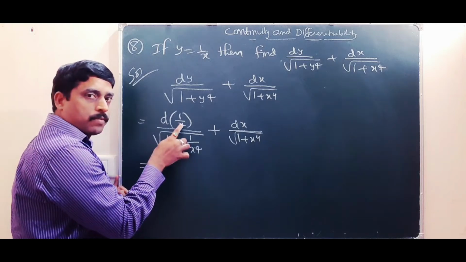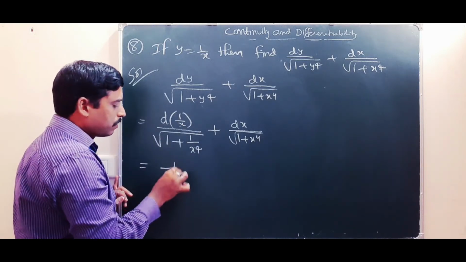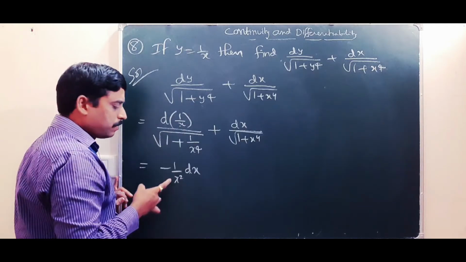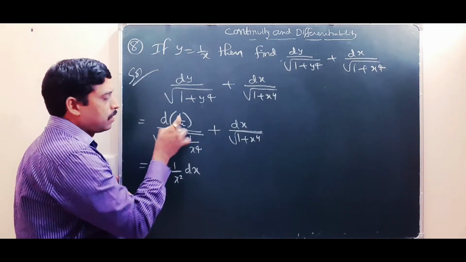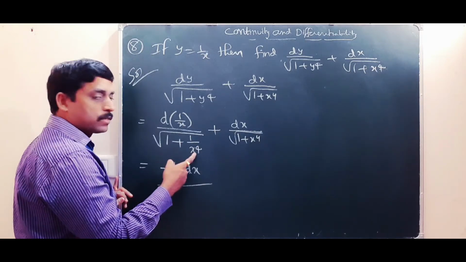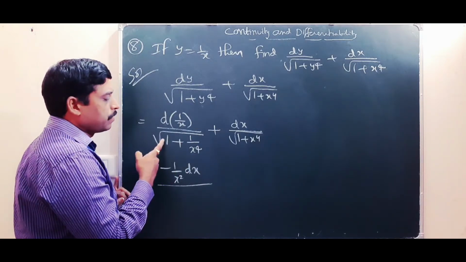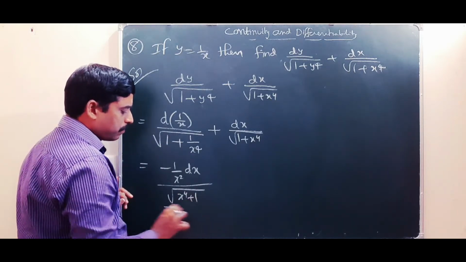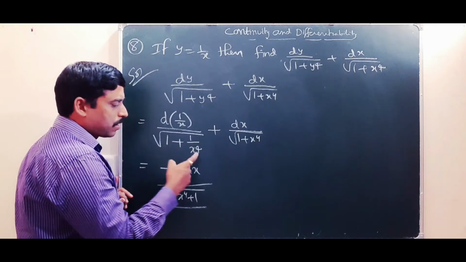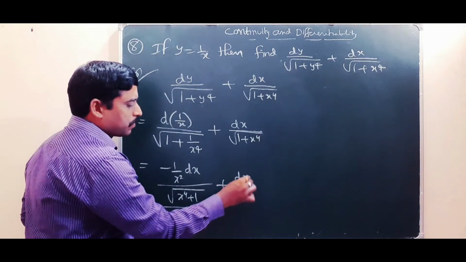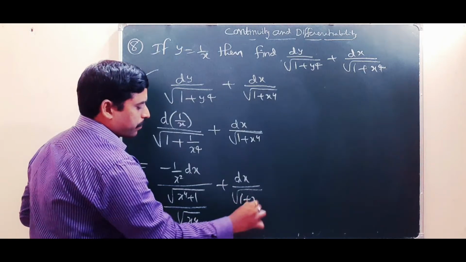The derivative of 1 by x, we get minus 1 by x square into dx. Differentiation of 1 by x is minus 1 by x square, and differentiation of x, we get dx. So let us do LCM x to the power 4: root under x to the power 4 plus 1 by x to the power 4, root under x to the power 4 plus dx by root under 1 plus x to the power 4.